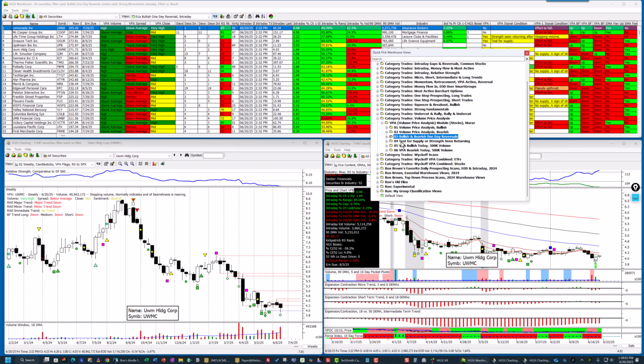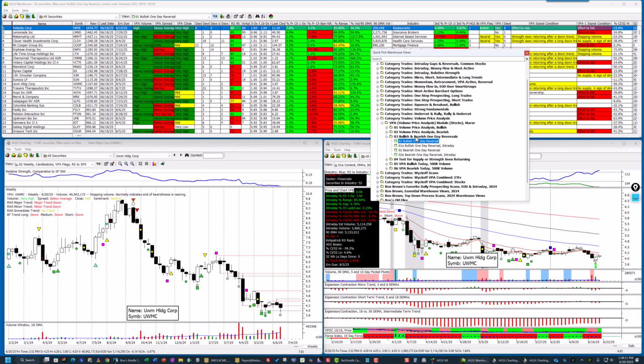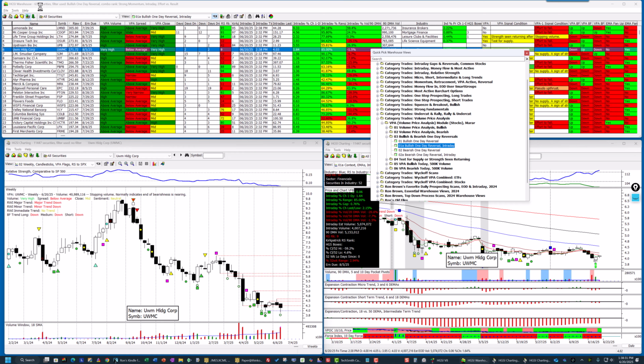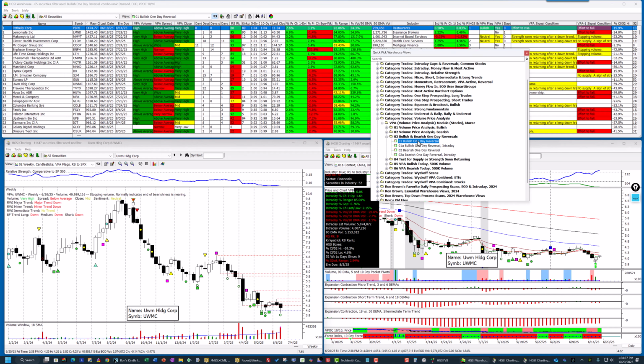Okay, so let me get started. I'll just start here in the bullish and bearish one-day reversals, and the same filters applied both to the end of day and the intraday, and you can always tell that by looking up here at the number of stocks. As you can see on the intraday, there's 65 stocks, and if I go back, click on the end of day, there are 65 stocks.